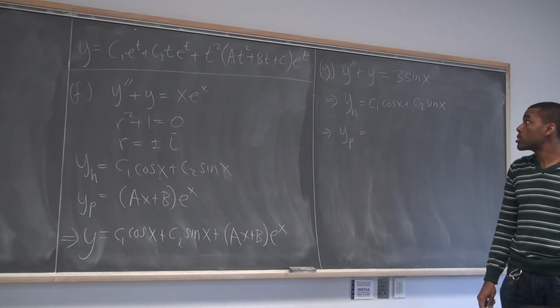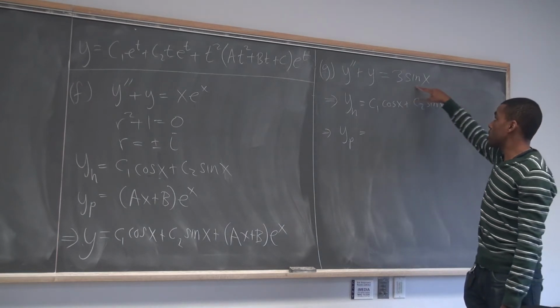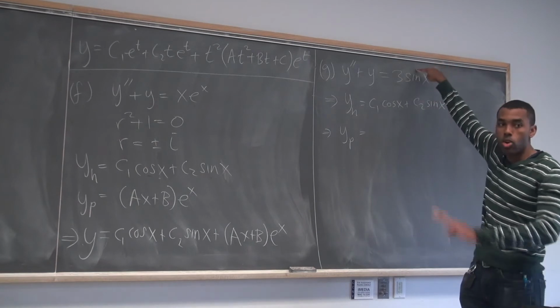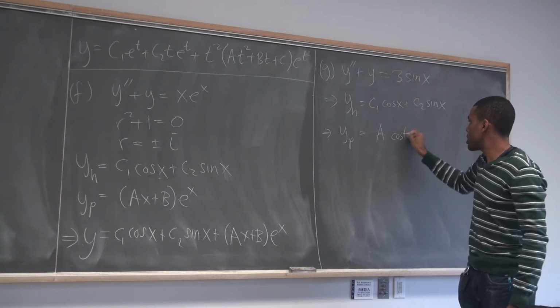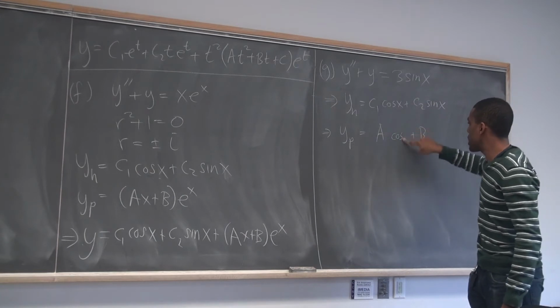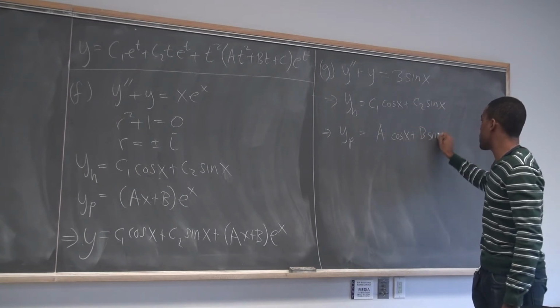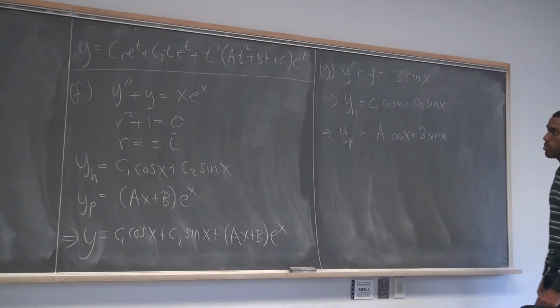A cosine t plus B sine t. You start out by making it look similar to the right side. Now remember, once you have a sine or a cosine, you have to put both of them. So I put A cosine x plus B sine x.